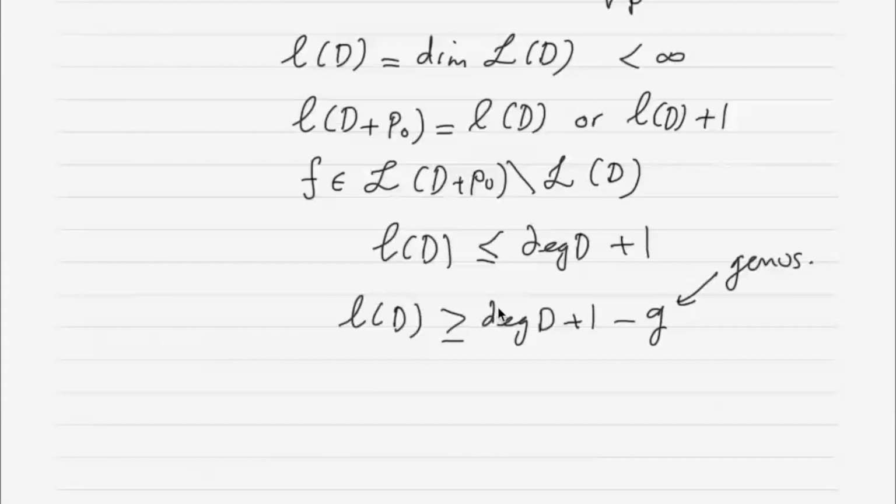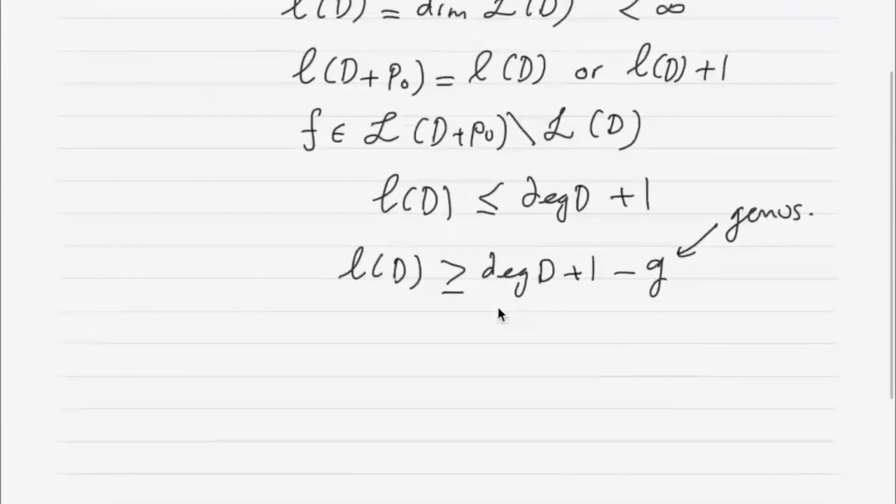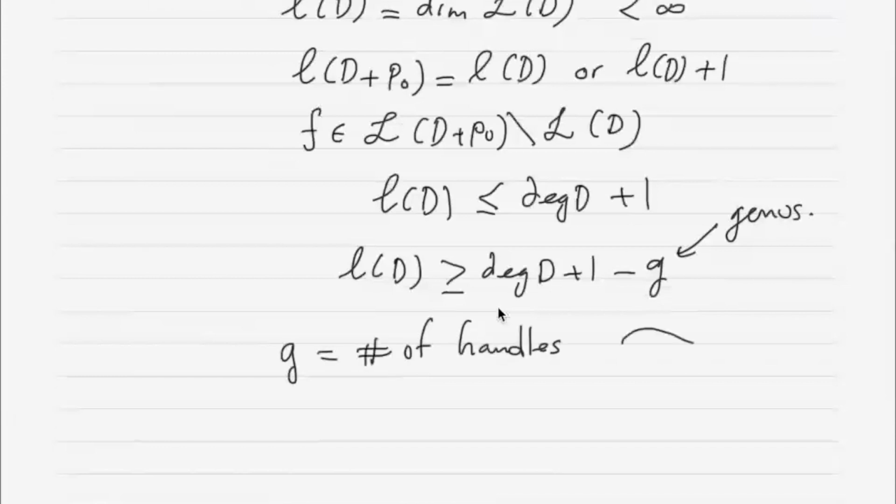And the genus of a compact Riemann surface is something very interesting because there are many different approaches to define this genus. The easiest way probably is by the number of handles. So if you have a Riemann surface which looks like this, you just count the number of handles or holes that this Riemann surface has.